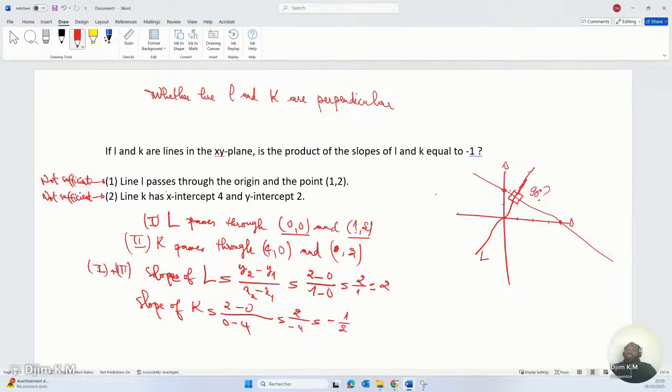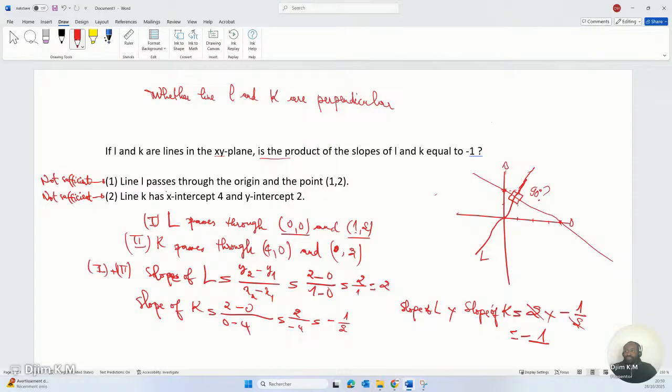So now the question is, we need to determine if the product of slope of L and slope of K is equal to minus 1. So slope of L multiplied by slope of K, that will be slope of L is this one, 2 multiplied by minus 1 over 2. So we'll simplify this. This gives us minus 1.